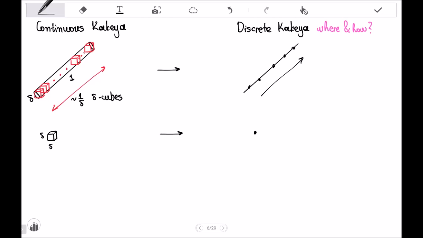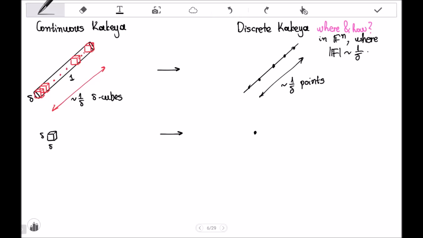Here we want about 1 over delta points on this line and no more points. And the correct universe in that sense to work in is F to the n, where the size of the field plays the role of 1 over delta. This is a world where every line contains exactly this many points. The line is a copy of the field.